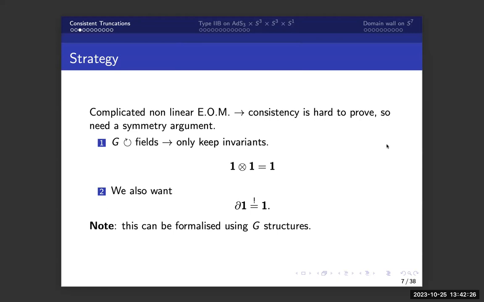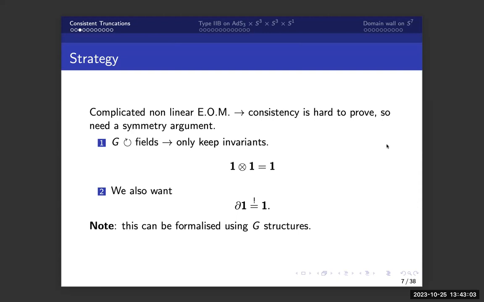In particular, in this step, it is crucial that you keep only singlets and all the singlets. All the singlets have to be kept. Then the second step is more technical. Since the equations of motion will involve derivatives along the internal dimensions of the space-time, in order to ensure consistency, you will require that the derivatives of these singlet fields that you want to keep can be expanded in terms of, again, the same singlets.